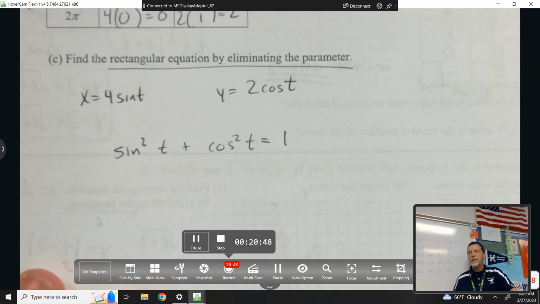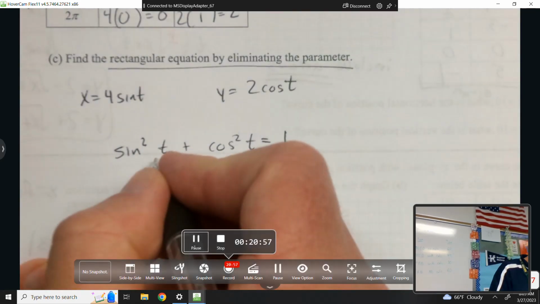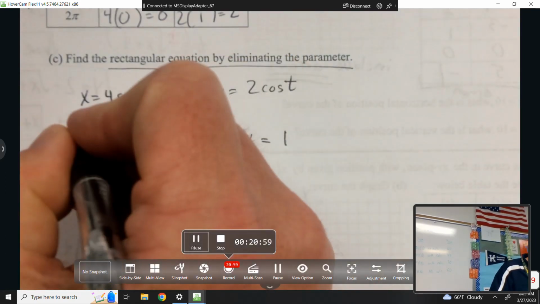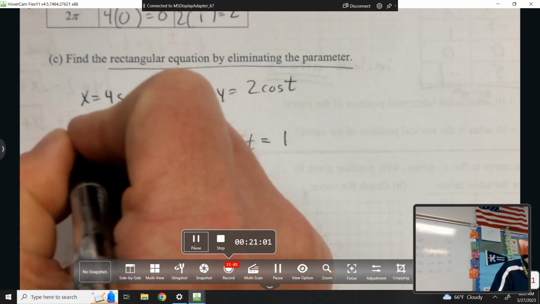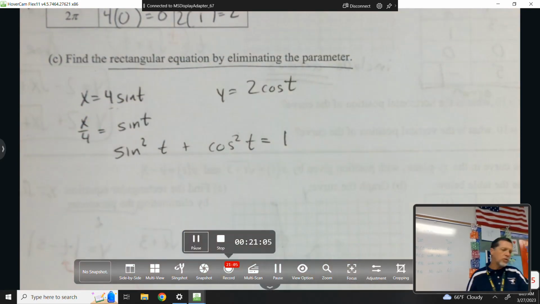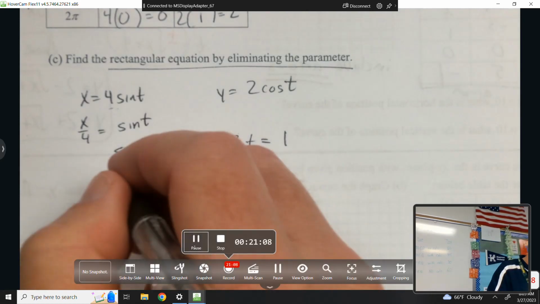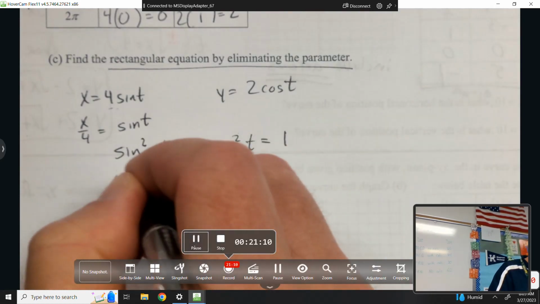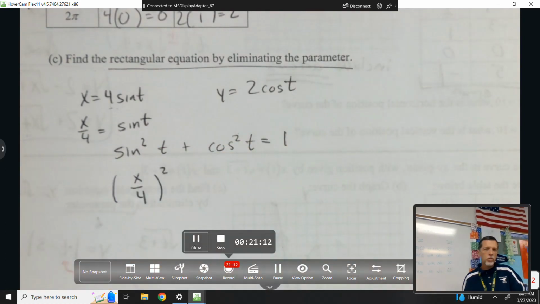Okay, so this is definitely different, because like, where did that come from, except that you have to have done one of these problems before and recognize sine and cosine. So let's get sine squared. If I divide both sides by 4, x over 4 is sine. So in for sine goes x over 4, and we square that.